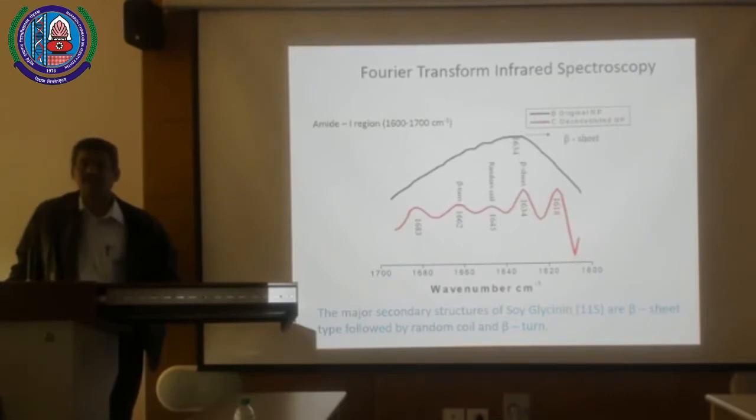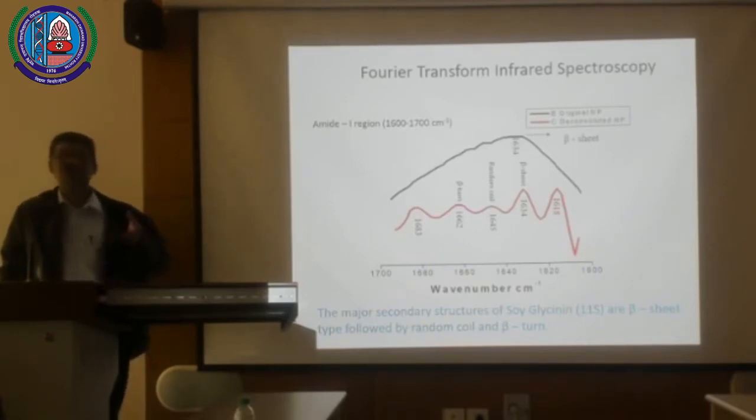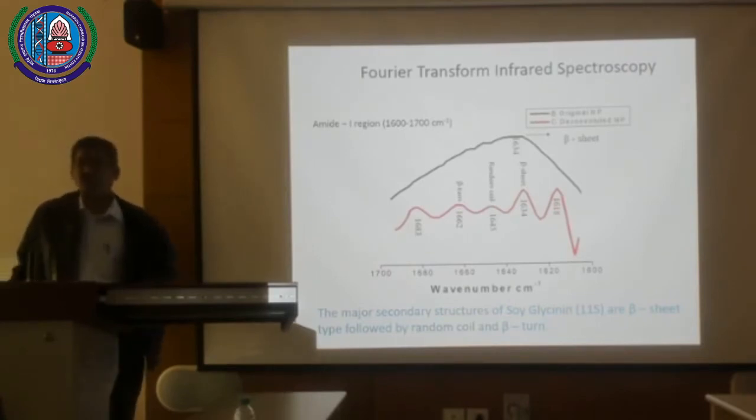So when we say that you have beta sheets, random coils, beta turns, is it a true representation of the structure using these FTIR data? Yes. Protein is basically carbon, nitrogen, and so on, so you can assign to that. Basically, what we are proposing is that it could be a possible structure, but we cannot validate it in this particular manner. No, it's validated, it's accepted across the globe.